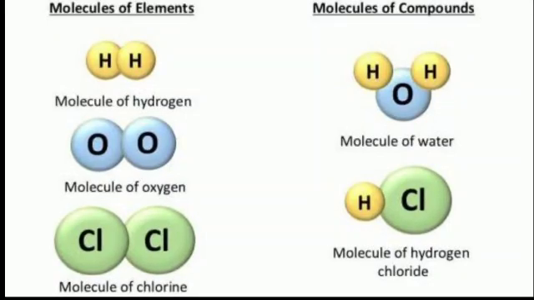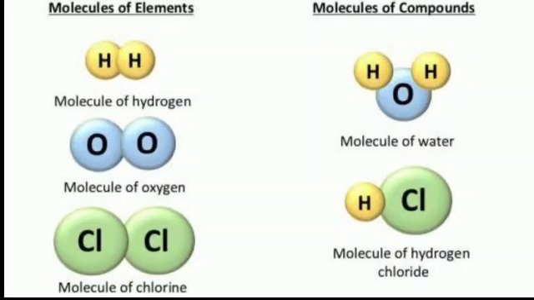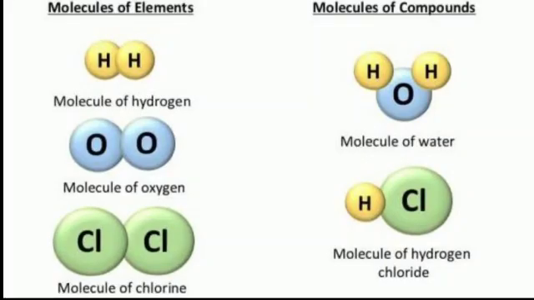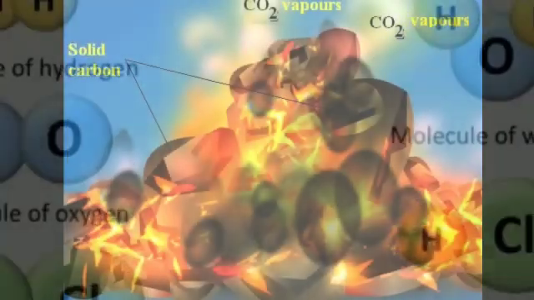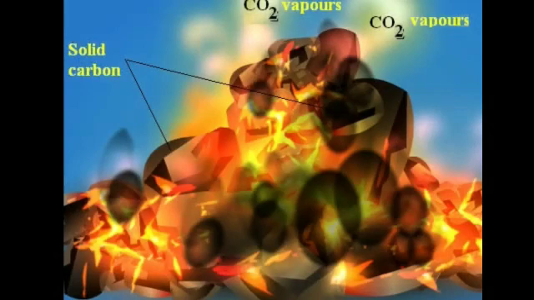So it is a compound. And a molecule of hydrogen chloride is made up of one hydrogen atom and one chlorine atom. So it is also a molecule of a compound. So remember, the molecules of elements contain the same kind of atoms. Molecules of compounds contain different kinds of atoms.